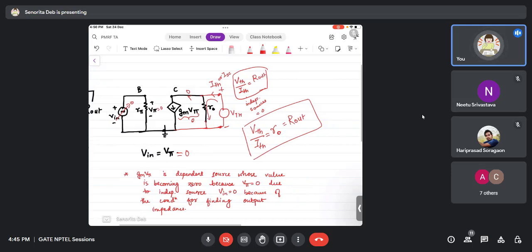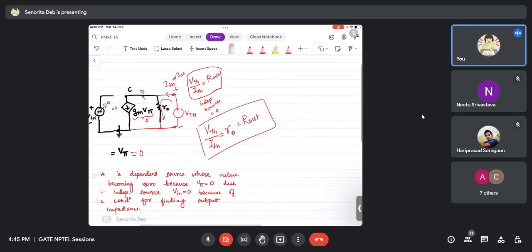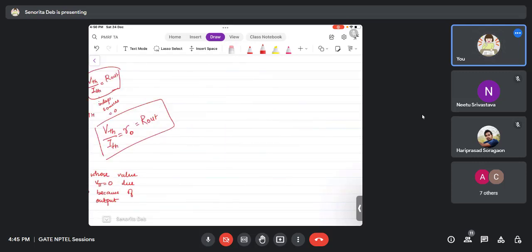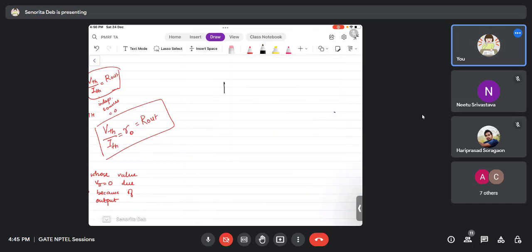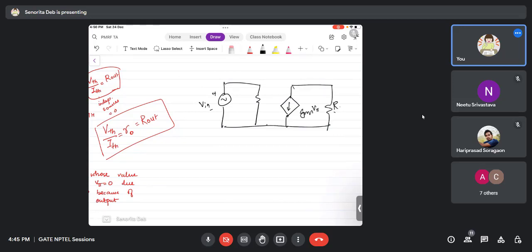Now when you have an RC in this circuit, so let's say you had this circuit. So RC will then, now R0 is also there.